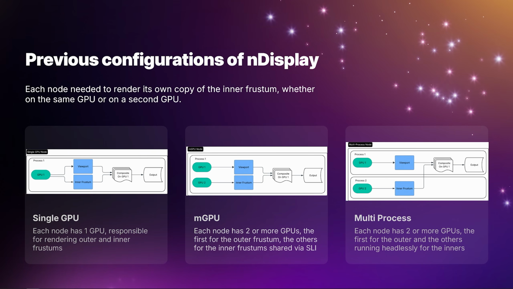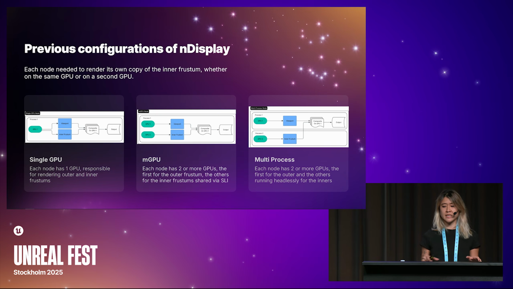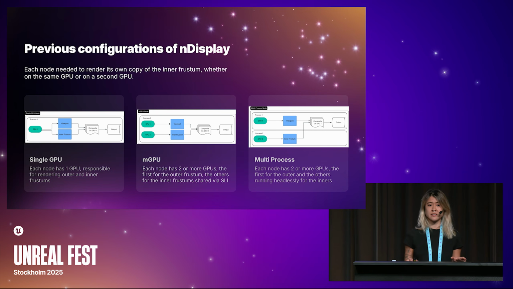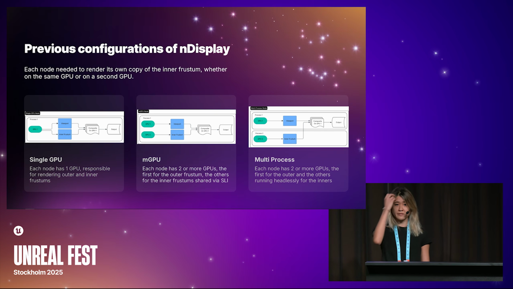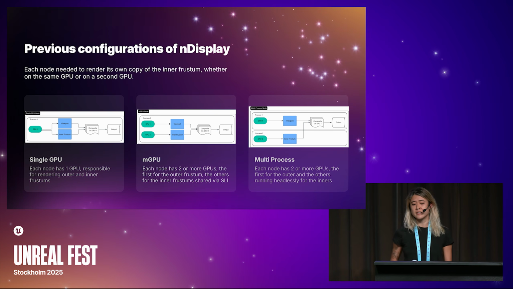So then you could have the inner frustum render on the second GPU and share it to the first, and then send it out for output. Or there was multi-process, which is also 2 or more GPUs, but it's split into 2 different processes. So you have the first process rendering the outer frustum, and then a headless instance of Unreal rendering the inner frustum.